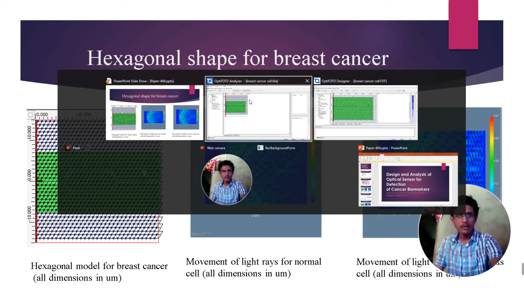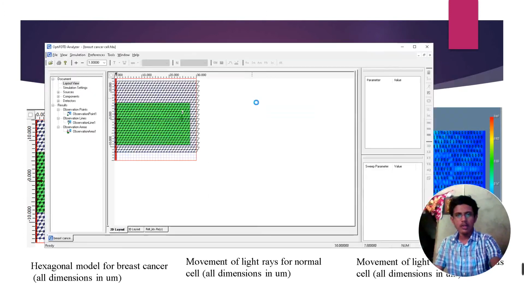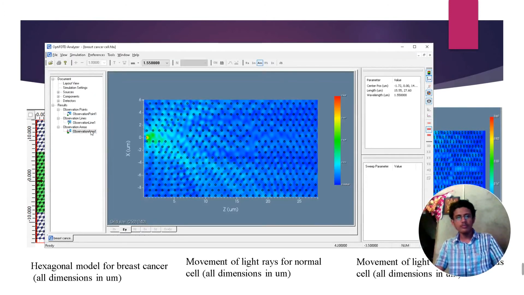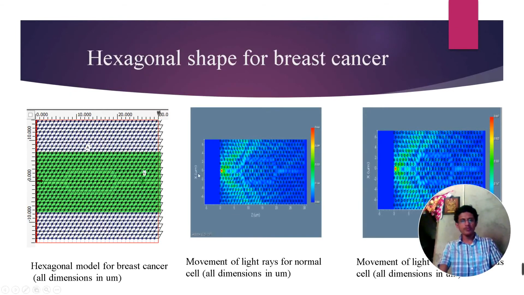This is the transmission of the light rays through that hexagonal model. Here we can see the movement of the light rays for the normal cell, and this is for the cancerous cell, from that simulation.